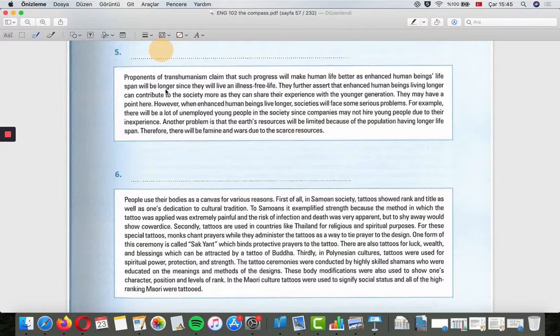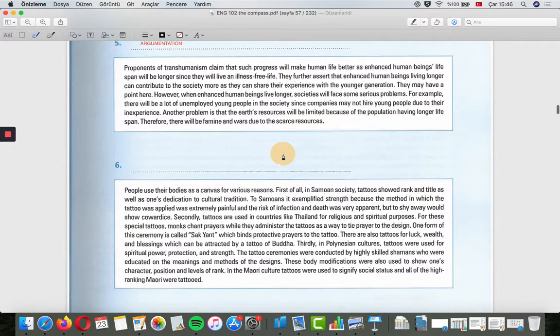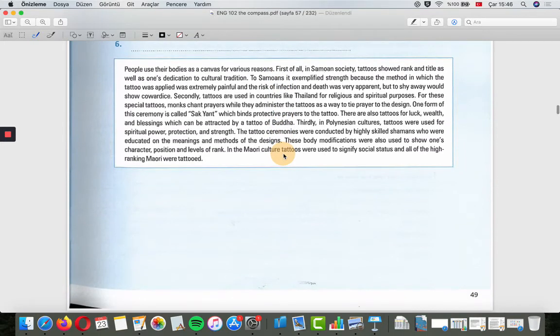For example, another problem. So it talks about some other problems that might occur when people live longer. It argues. So this is an argumentation. Okay. This is an argumentation type of paragraph. Okay, number 6.